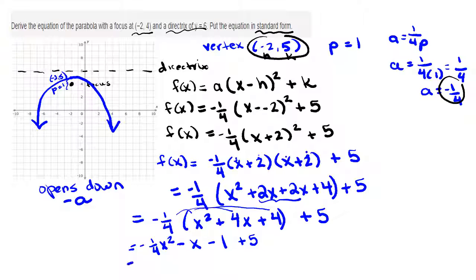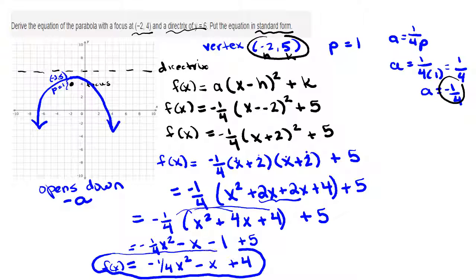And then the last and final step is just to combine the like terms at the end. Negative 1/4 x squared minus x, minus 1 plus 5 is going to give me plus 4. And now we have completed the problem and written it in standard form.